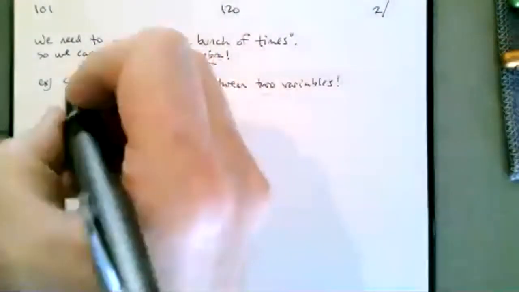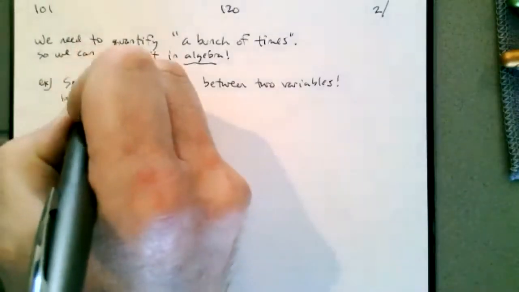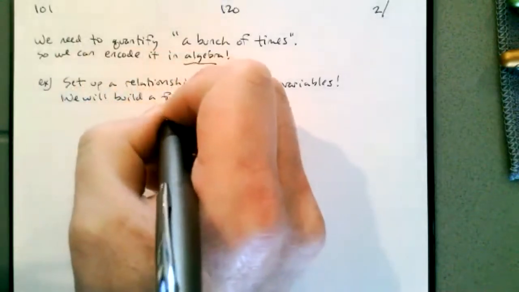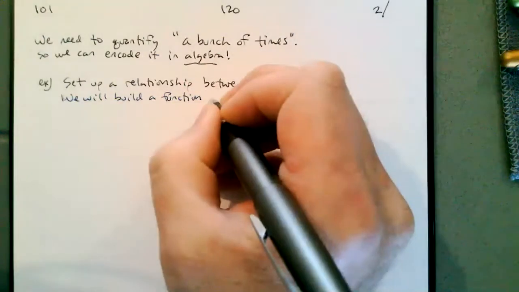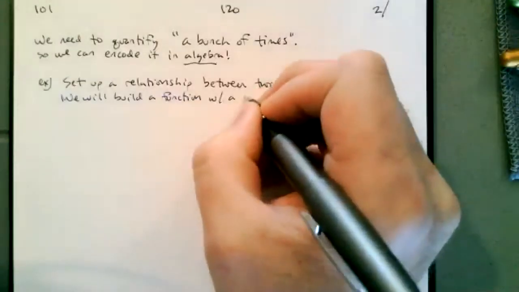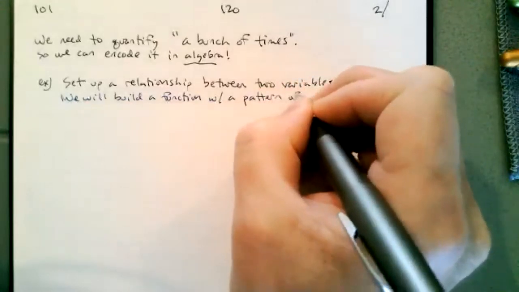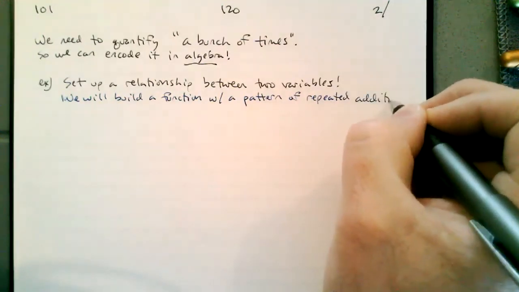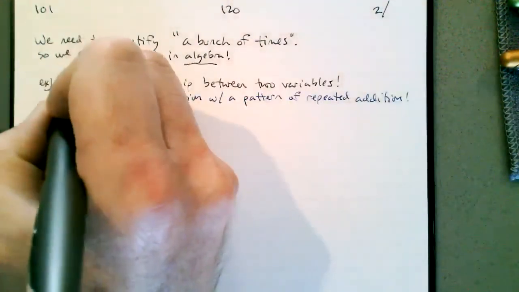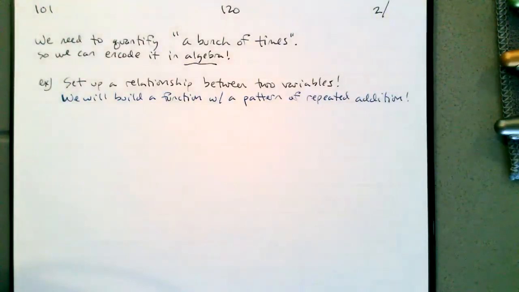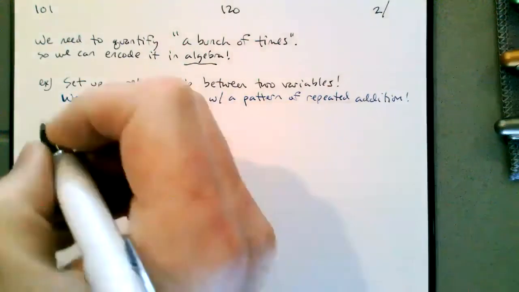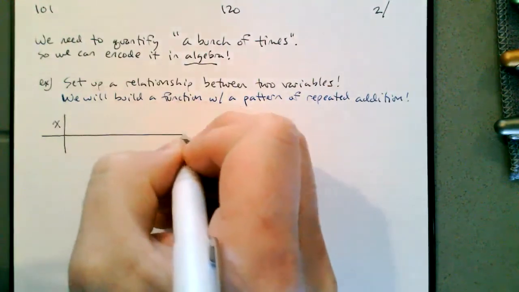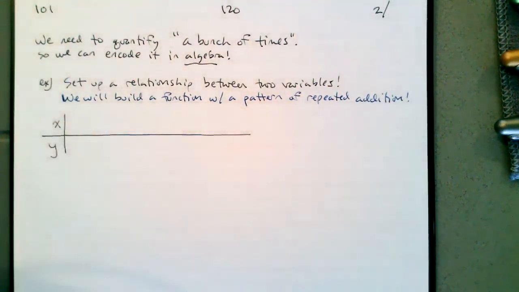So I'm going to use two variables, one to count how often we're doing the thing, and one to be the actual variable. So I'm going to make a function with x and y.